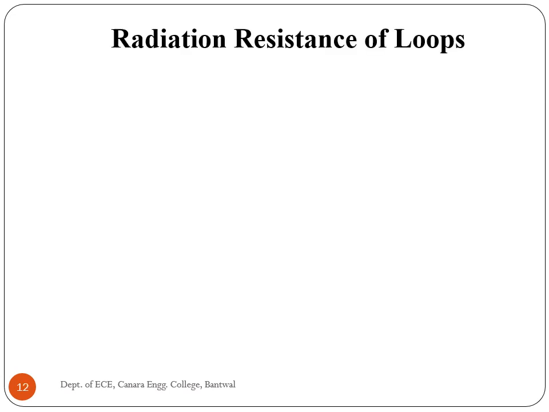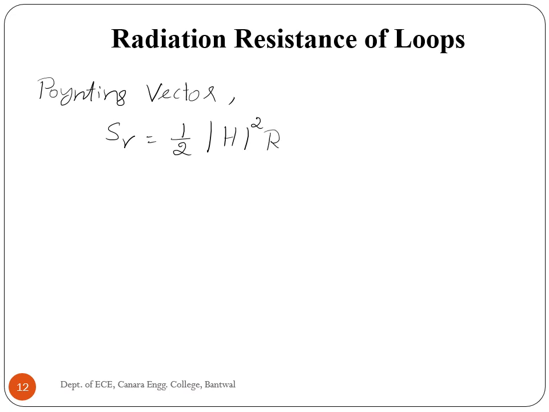Radiation resistance of loop. The average Poynting vector Sr is equal to half into square of magnetic field into intrinsic impedance.